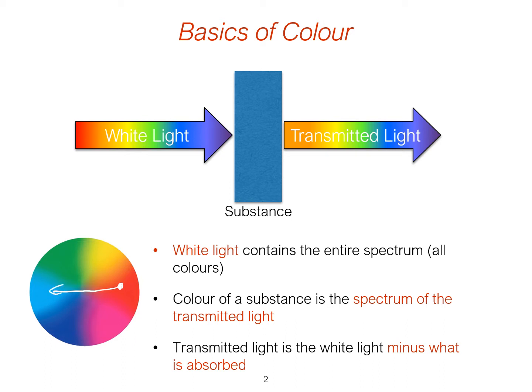If this was a yellow substance, say, that means it will have absorbed a sort of dark blue, purplish, indigo, violet colour, and therefore appear yellow. So that's all that colour is. It's absorbing certain wavelengths of light and transmitting the opposite ones, well, the whole spectrum minus that one, but the colour is the one that's opposite in this wheel.